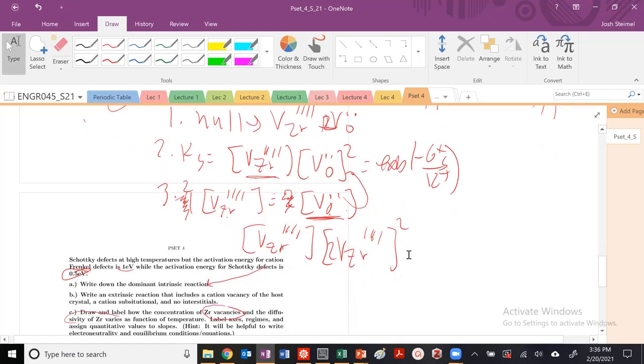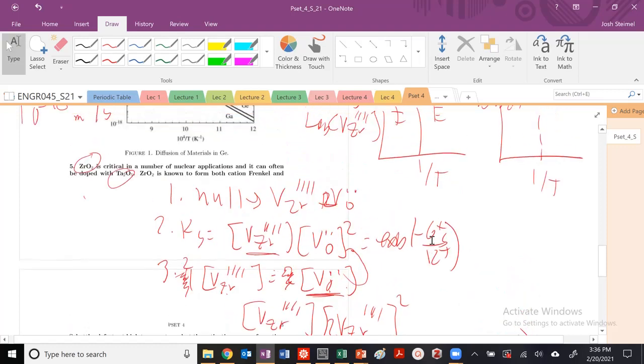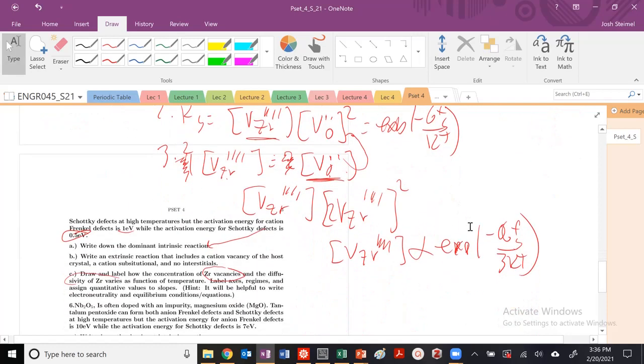So the concentration of V_Zr'''' scales as a function of exponential of minus G formation of Schottky over 3kT. So our slope is minus G formation of Schottky over 3k, because we take the natural log, and so on.